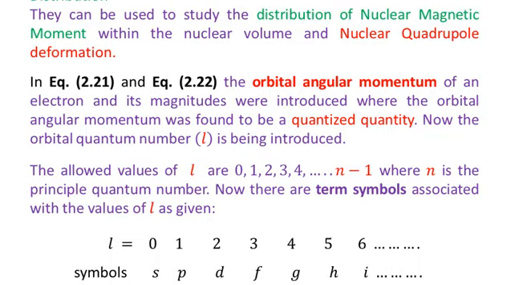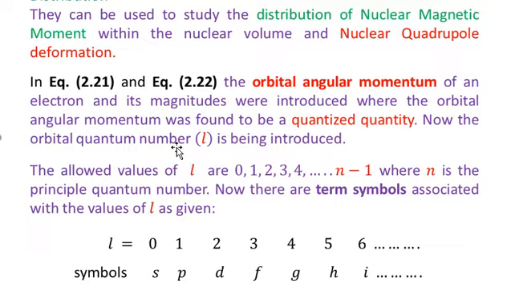In equation number 2.1 and equation number 2.2, that is equation number 21 and equation number 22 from slide number 2, the orbital angular momentum of an electron and its magnitude were introduced, where the orbital angular momentum was found to be a quantized quantity.